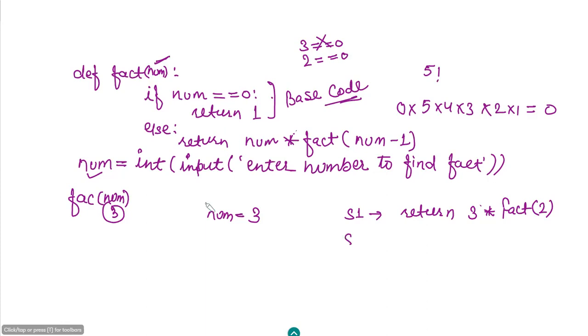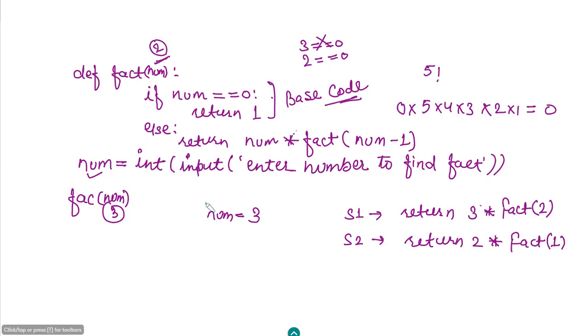Now you will get step 2 for return. What is the value of num at that time? 2. So you will get 2 multiplied by fact(2 minus 1), which will become 1. It will call recursively one more time.